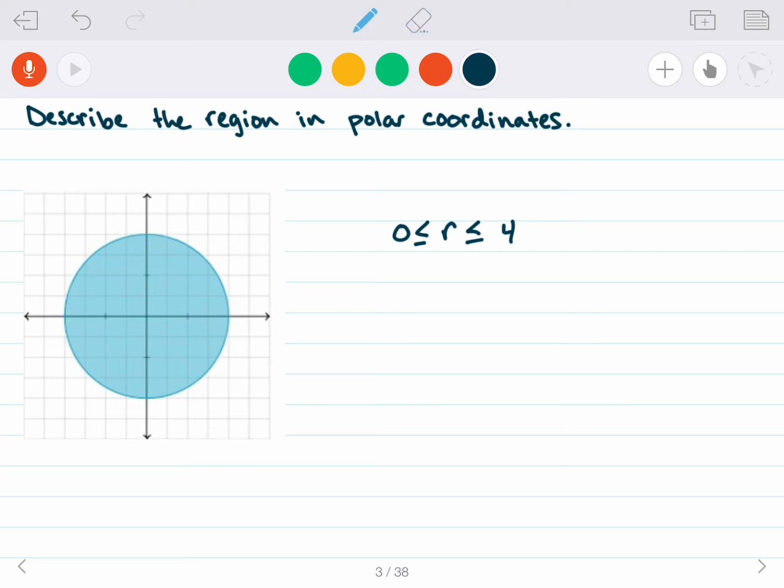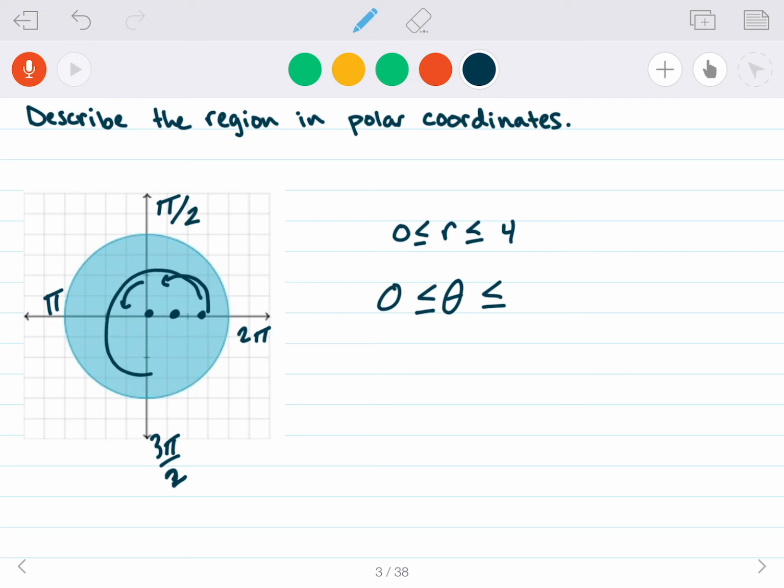And now we want to describe theta. So what could theta be? Well, if our point is right here and we haven't moved, theta is going to be 0, right? But as we move along the circle, theta can change. So here theta is pi over 2, here theta is pi, 3 pi over 2, and 2 pi.